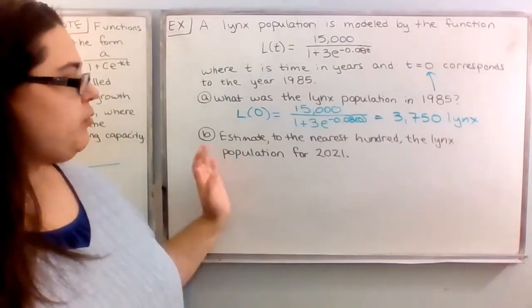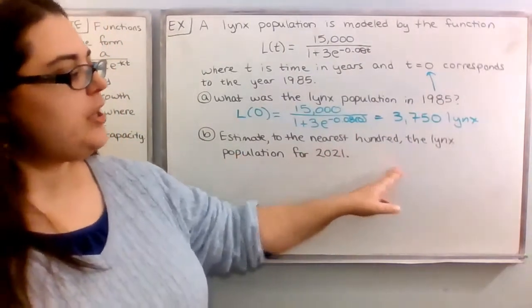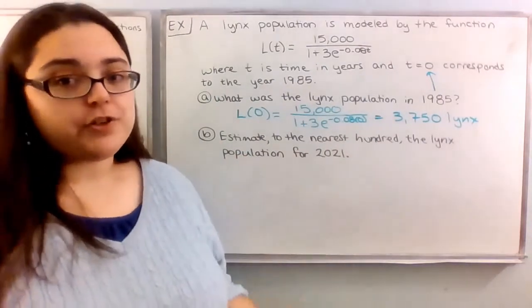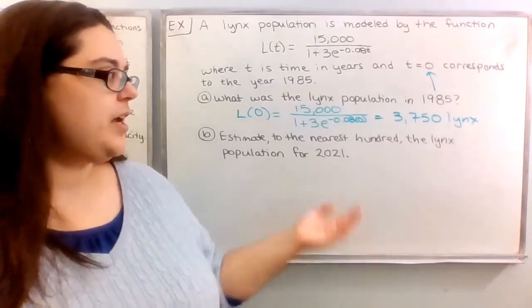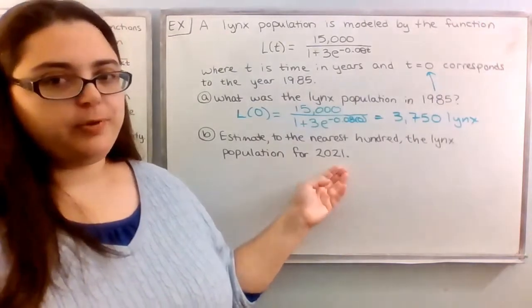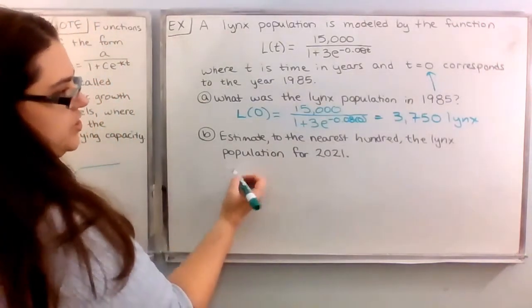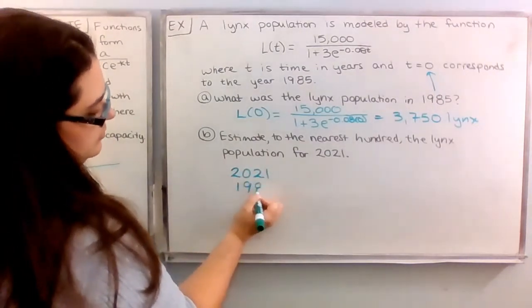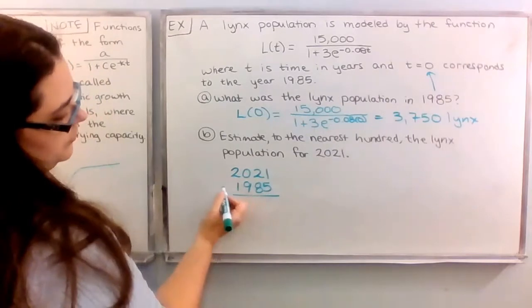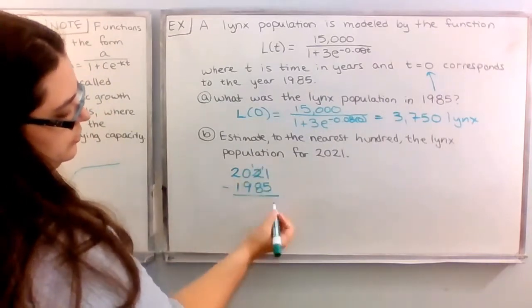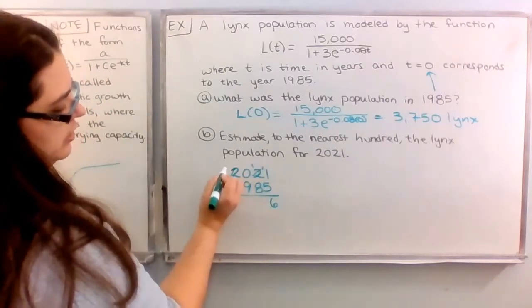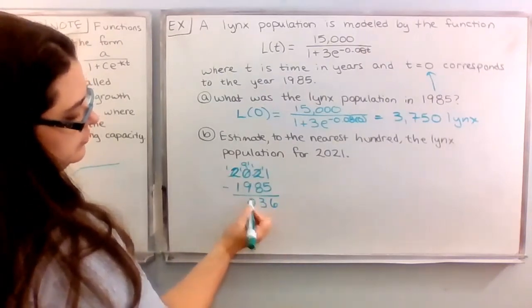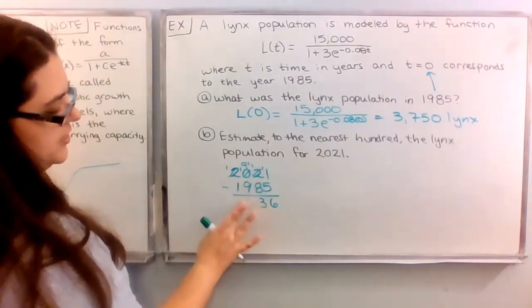For part B, they want us to estimate to the nearest 100 the lynx population for 2021. To do that, first we have to figure out how many years after 1985 is 2021. We can just do some subtraction, and there we are, 36.